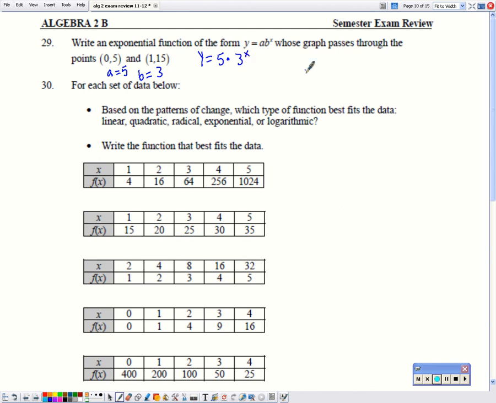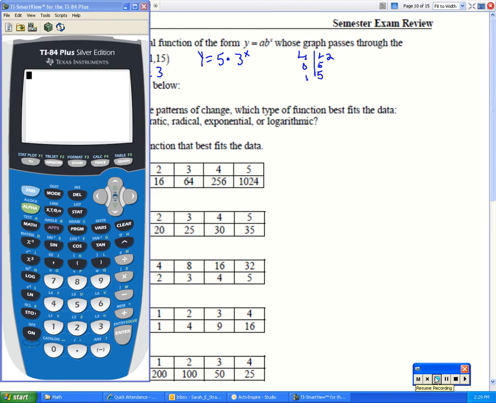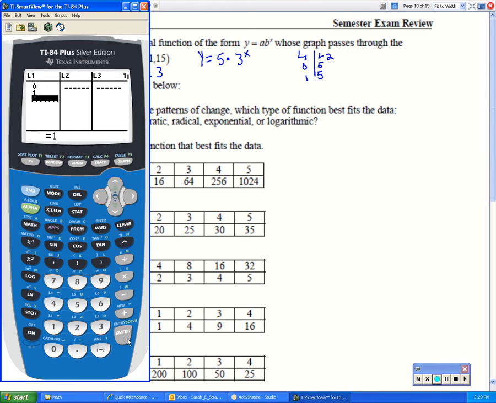Now the other way to do this is to use your calculator and go in L1 and L2 and set it up as follows. L1, L2, and (0, 5), (1, 15). So we're going to go to Stat, Edit, and type in 0 and 1 in L1 and 5 and 15 in L2.